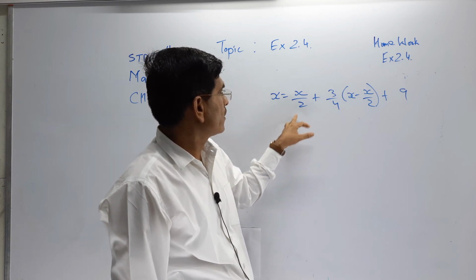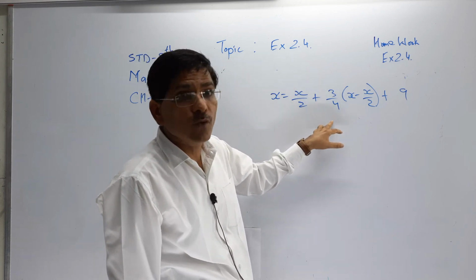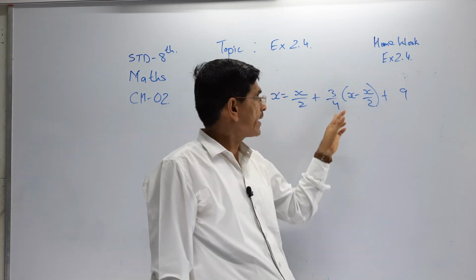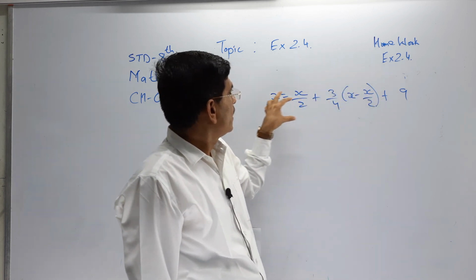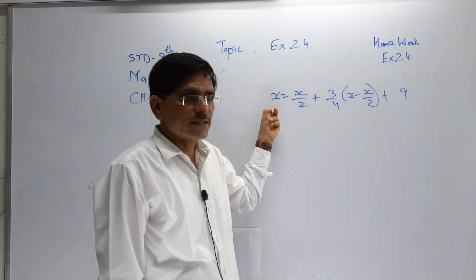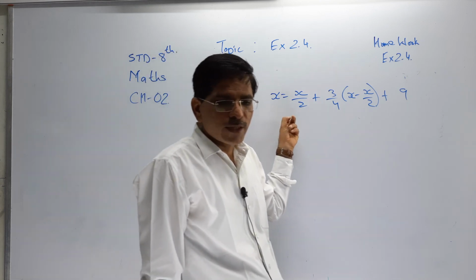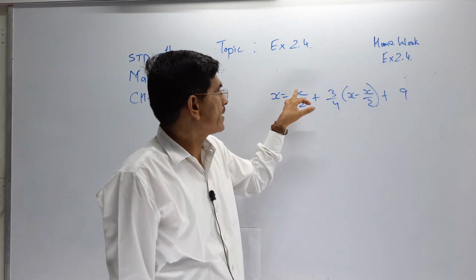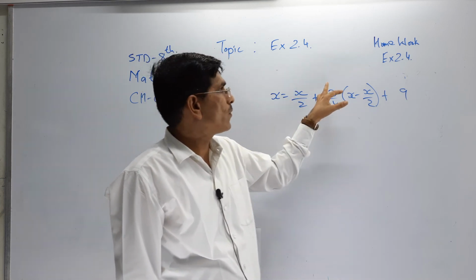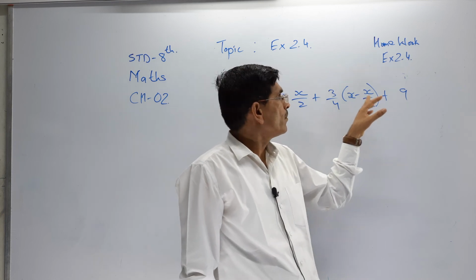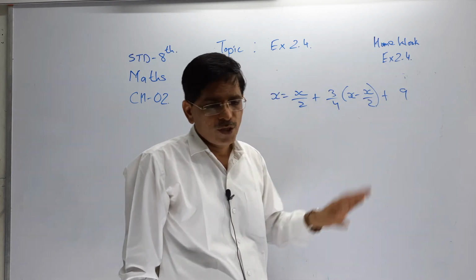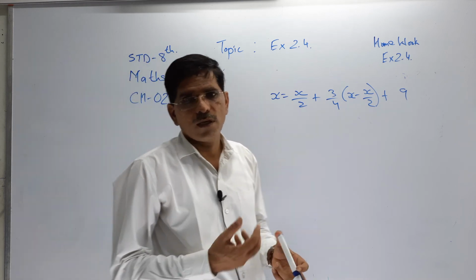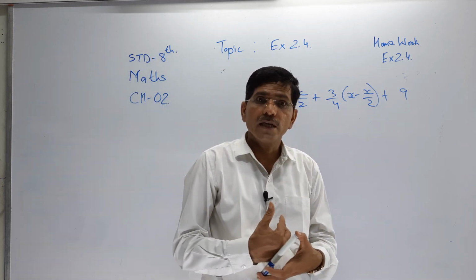So x is equal to x by 2 plus 3/4 of x minus x by 2 plus 9. If you simplify it, you will get x is equal to 72. So total deer are 72.